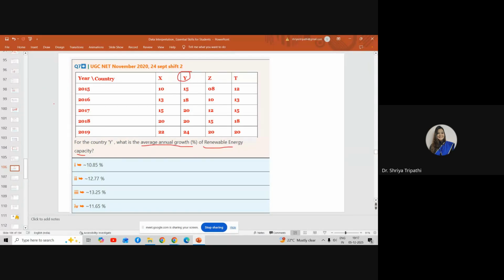Now they are asking for all the years. Firstly, we will do for this, an increase of 3 divided by 15 initial, into 100.